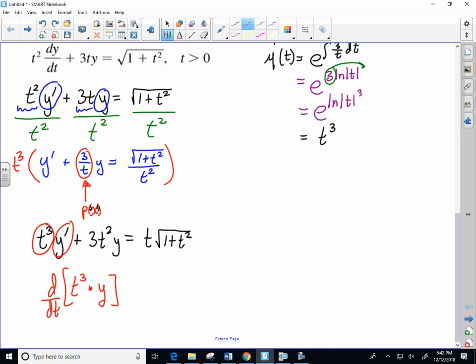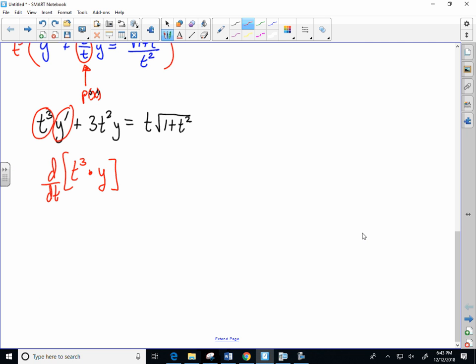First times the derivative of the second. True. First, here's my second function. That's definitely the derivative of it. Plus the second function, yeah, times the derivative of the first. Derivative of t cubed is 3t squared. So this checks out. So this is an equivalent form, the product rule form. All right. The benefit of doing that is in the next step.